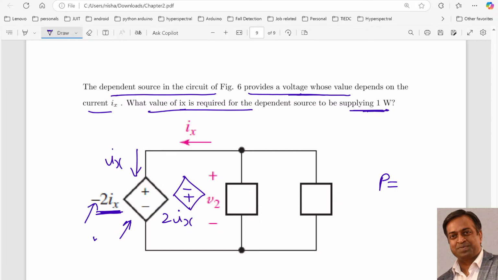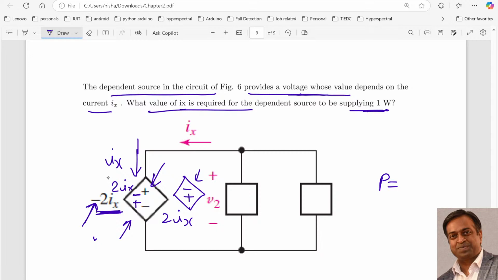Because over here negative voltage is given, and negative voltage means that we can redraw it in this way, right? Minus sign is above, and if minus sign is above, it means minus plus, and it is 2Ix. It means now the current is entering the negative terminal. From the circuit it seems that the current is entering the positive terminal, but in actual it is entering the negative terminal because the voltage is given as minus 2Ix.